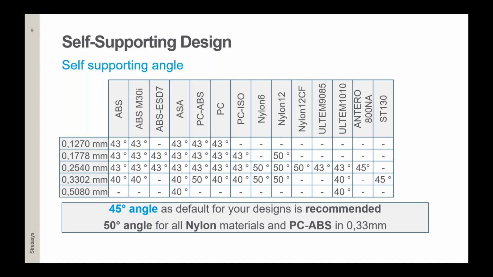Therefore, when they are layered, they can drop down more easily. If we even take an example of our elastomer TPU, which can be printed on a 370 printer, the self-supporting angle will go even further up to 55 degrees. So it's basically regarding different mechanical properties of the materials.